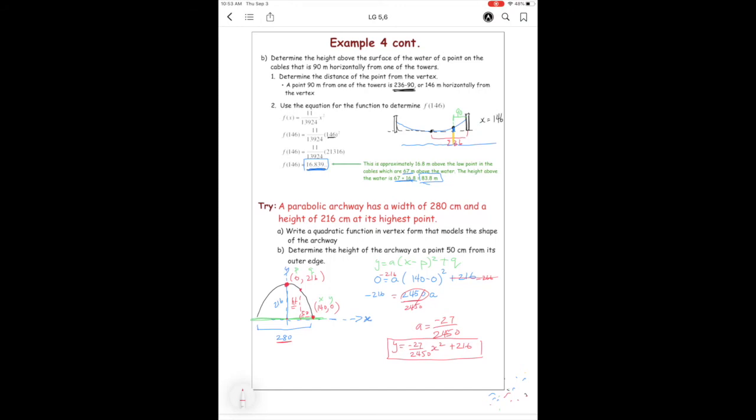So we know if we back it up and subtract 50 from 140, it's going to be 90. Okay, so the x value is 90. So that 90 is your x value. It's going into there. And if you type it into your calculator, the height is going to be 126.74 centimeters. And again, you can use your Desmos.